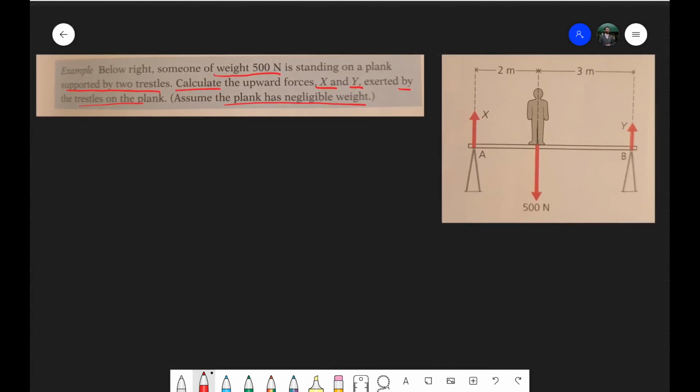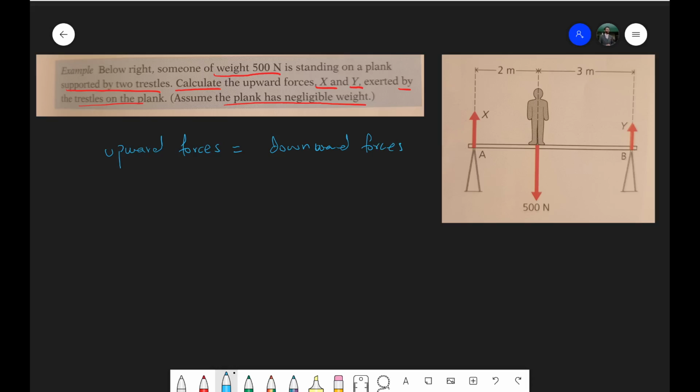Now, we need to realize that this situation basically needs us to apply both the conditions of equilibrium. Why? Because first of all, the plank is not moving, it's stationary. So it must be true that upward forces on the plank must be equal to downward forces on the plank.